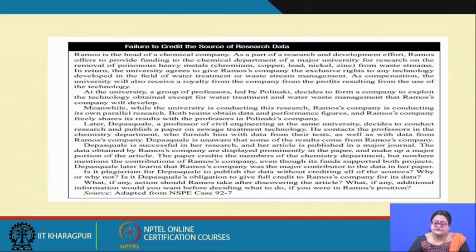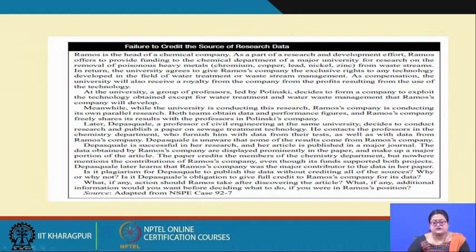Side by side, what we find is that Polinsky and the professors also decide to form a company to exploit the technology except for water treatment, because that is what they have got an understanding with Ramos, and this company will be developing.